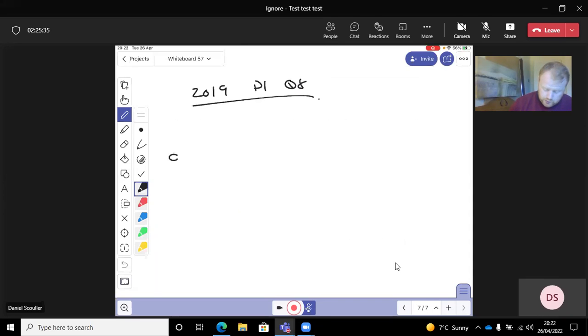Okay, so 7 bags of cement. So pick a letter. So 7C plus 3 bags of gravel, 3G, equals 215 kilograms. Okay, so that's your expression. That's it. Okay.